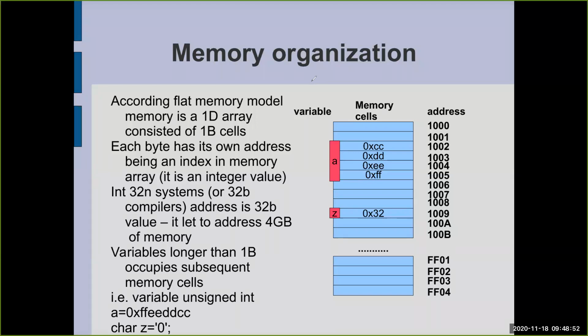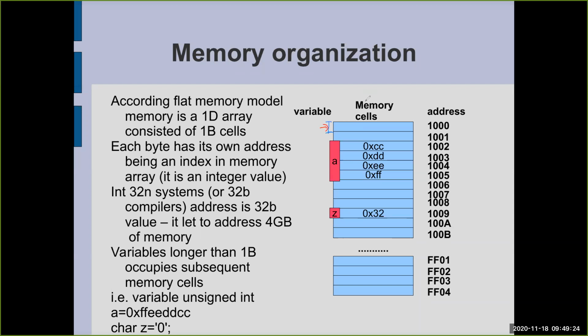So memory in a computer is organized in bytes. The byte is the smallest amount of memory we can address, so the smallest amount of memory we can get access to. Of course, a byte consists of 8 bits.